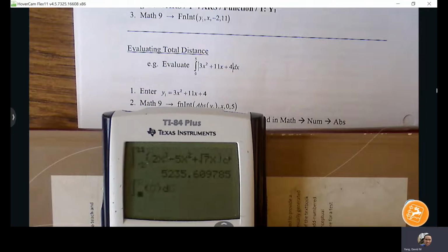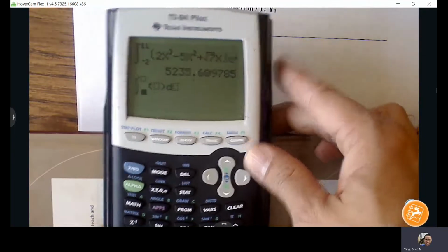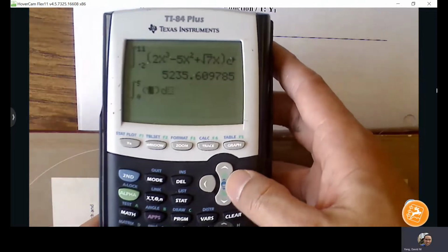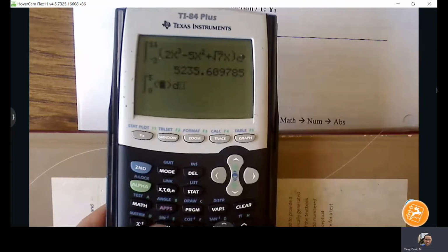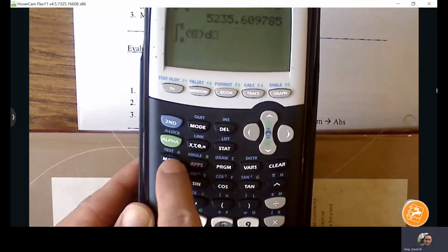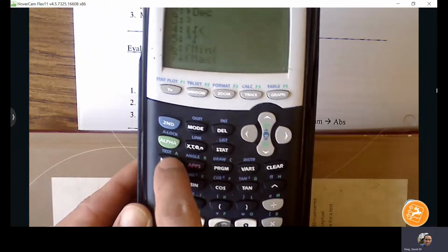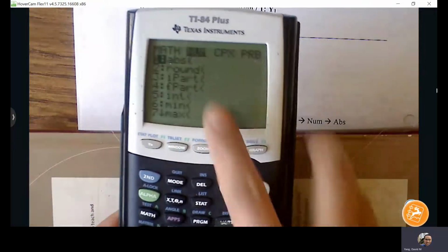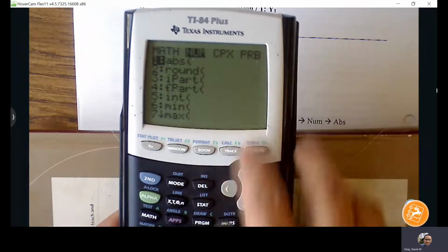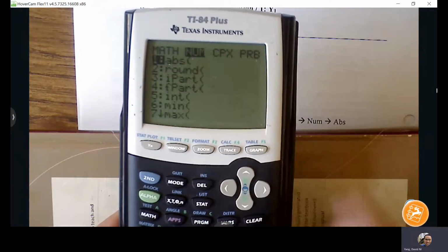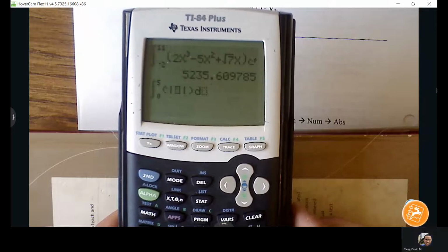So do Math 9 to get your integral notation to show up. Here we're going from 0 to 5. Then go to Math, which is in that first column of buttons, and scroll over to Num on the header. Option 1 is ABS, that's absolute value.